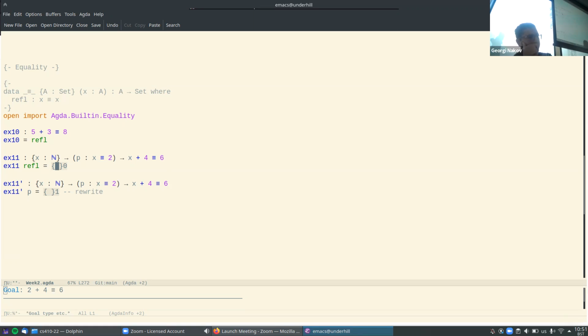But if P was made by reflexivity, then X must have been 2. So this is a classic example of looking at one piece of information in order to gain information about something else. We looked at P and we learned something about X.